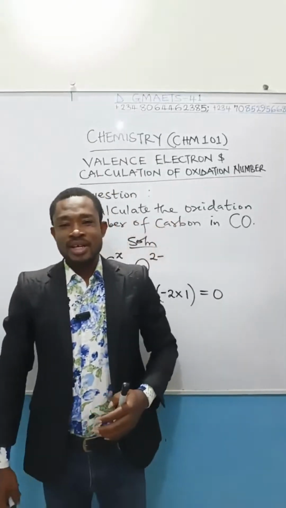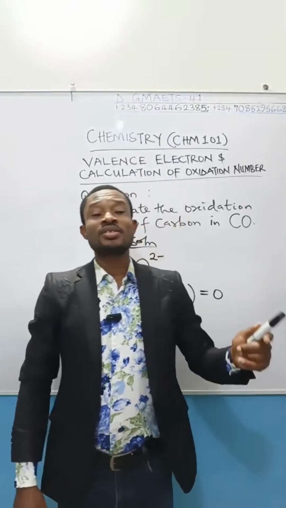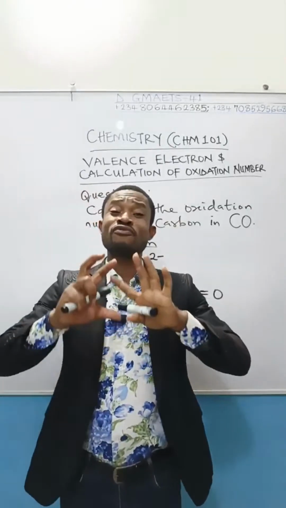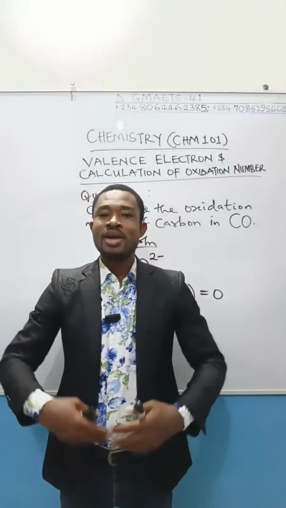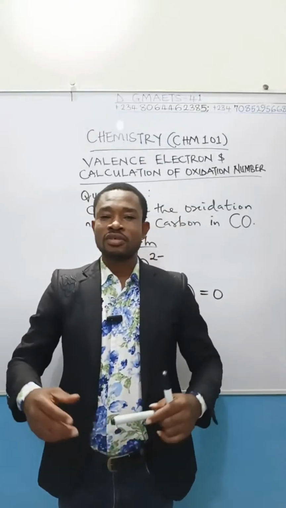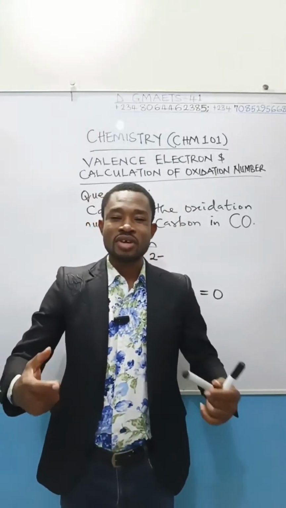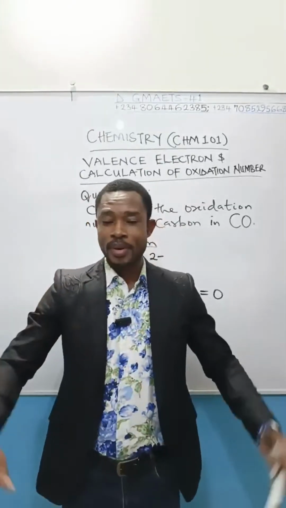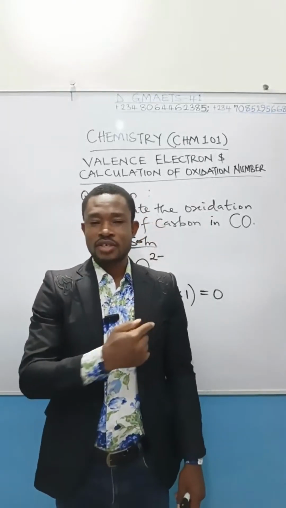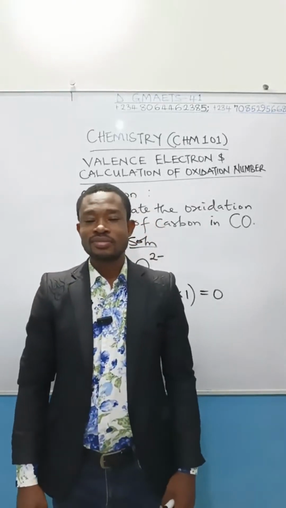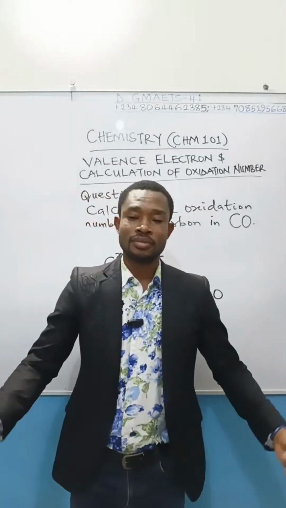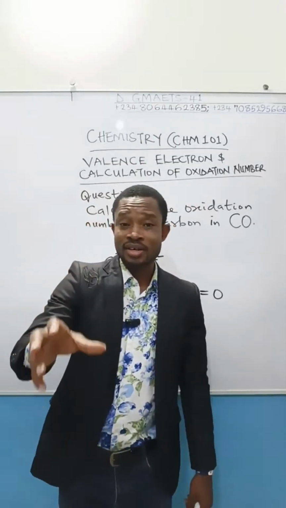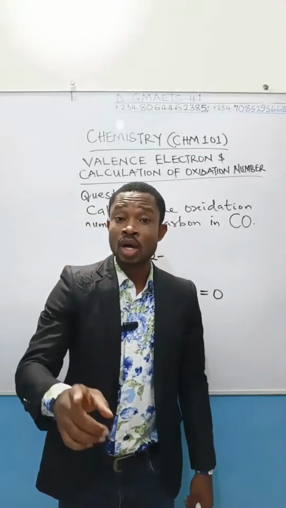In an exam, an examiner can ask you, what is the oxidation number of, and a full compound will be given to you. Let me assume, what is the oxidation number of lithium tetrahydridoaluminate(III)? That's a full compound. I showed you how it is formed in our previous class. The answer is 0, because that's a compound, and the oxidation number of a compound, like I said, is what? 0.